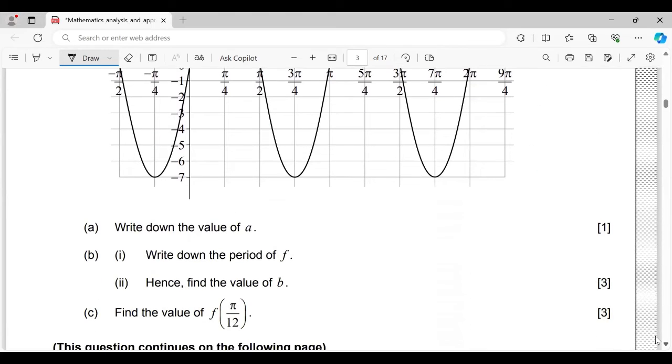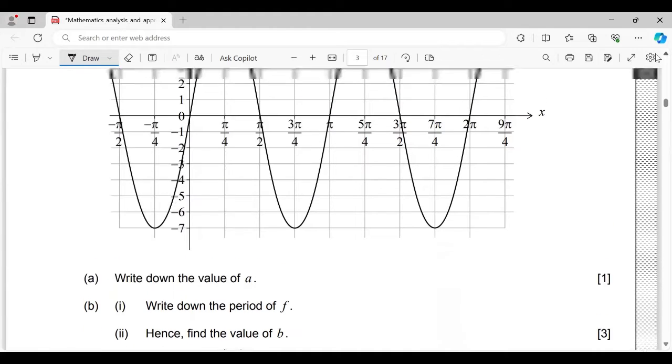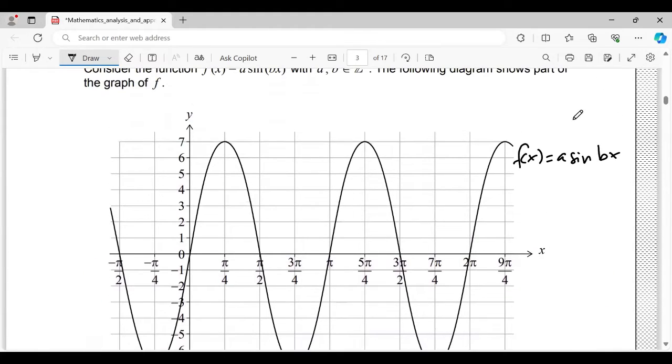The question: write down the value of a. The value of a is the amplitude, and the amplitude is the distance from this point to this point, which means 7.